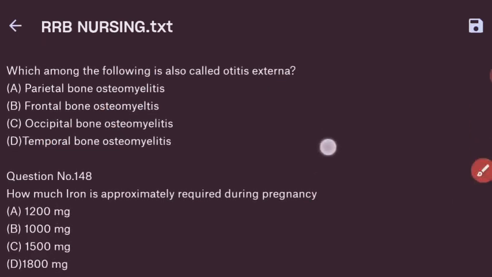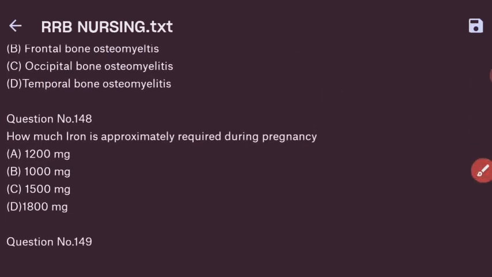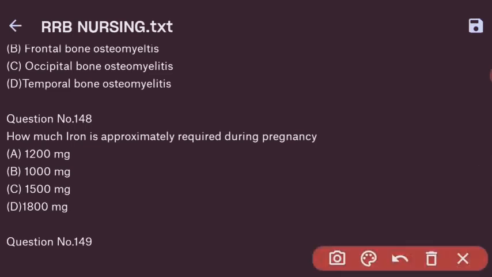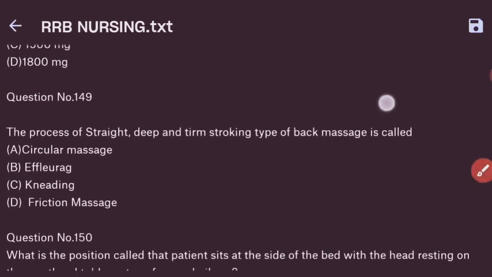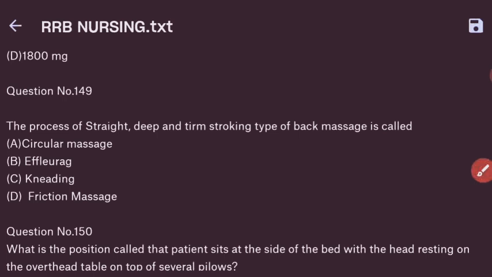Next question. How much iron is approximately required during pregnancy? Here the right answer is approximately 1000 milligrams of iron. Next question. The process of straight, deep stroking type of back massage is called effleurage.